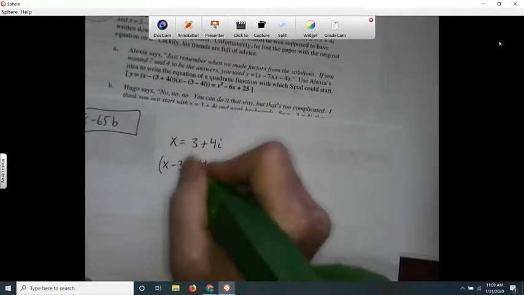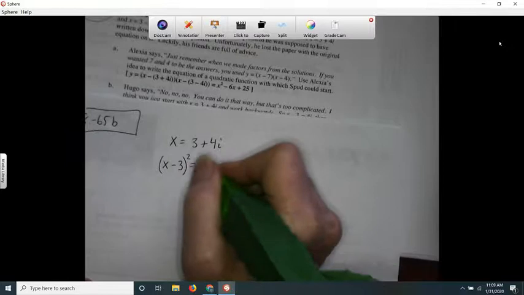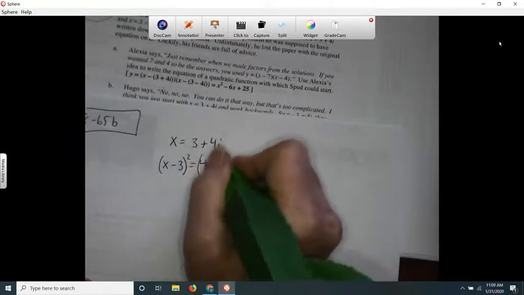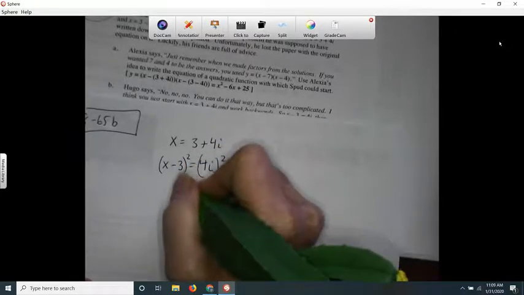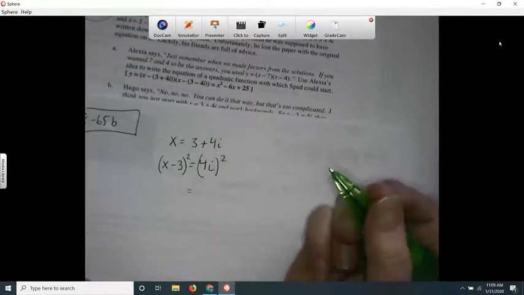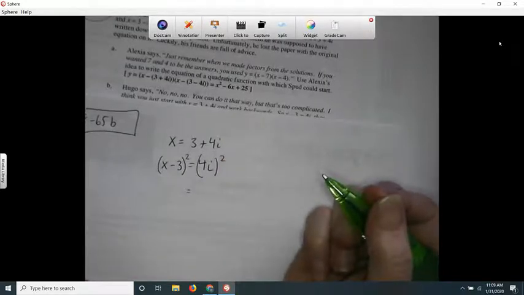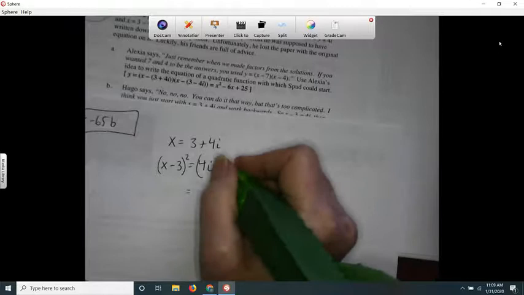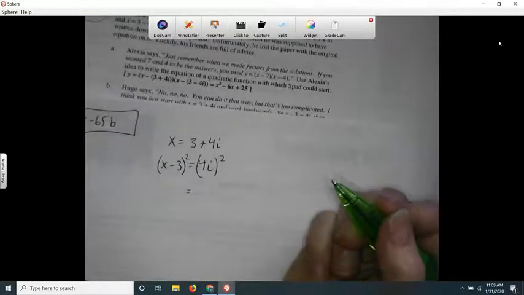I'm just going to try it. Okay, so 4 squared is 16. 16, and i squared is negative 1. So this gives me negative 16.